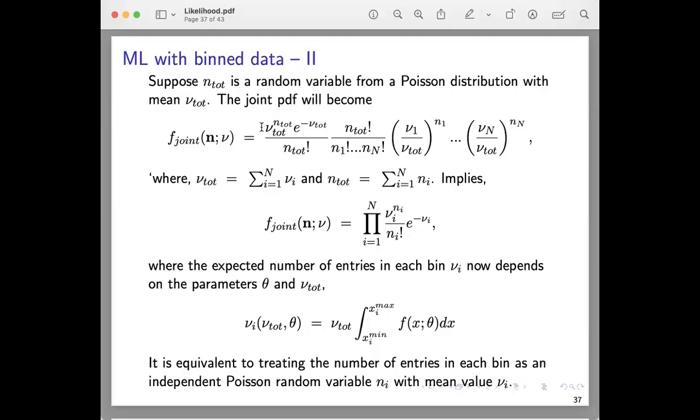So from that you will get the joint PDF is this times the multinomial distribution.